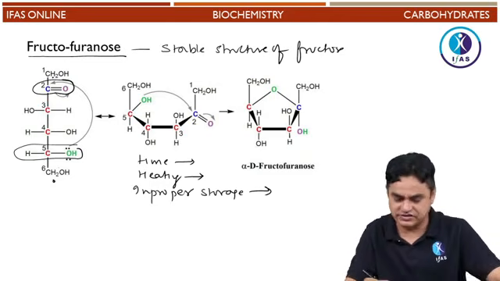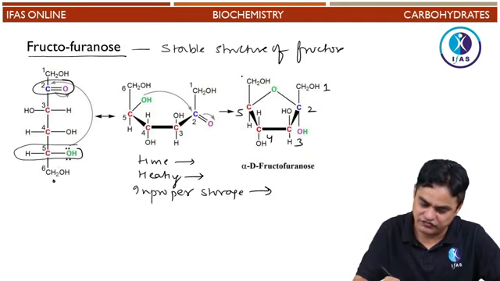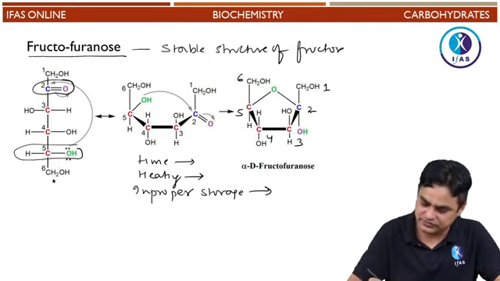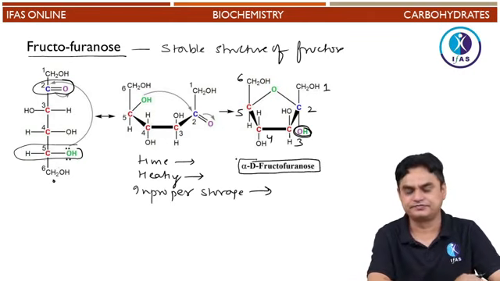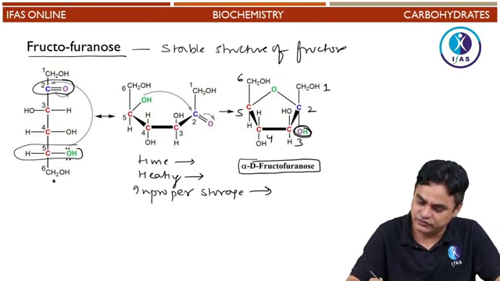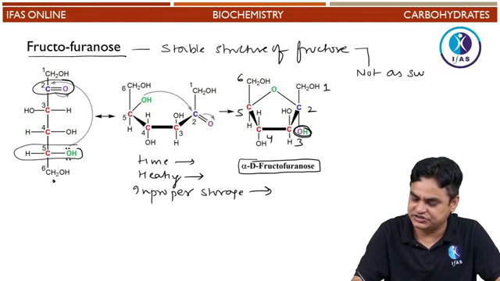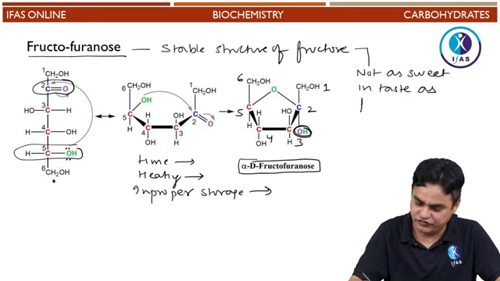Now this is carbon 1, this is carbon 2, carbon 3, carbon 4, carbon 5, and this is carbon 6. The structure, because OH group is down the plane at anomeric carbon, it is referred to as alpha D fructofuranose. But this stable structure of fructose, it is not as sweet in taste as fructopyranose.